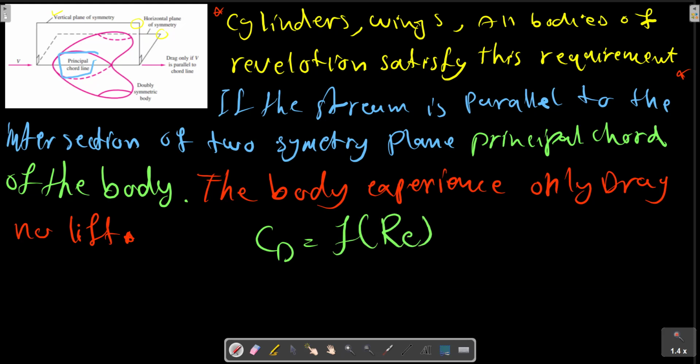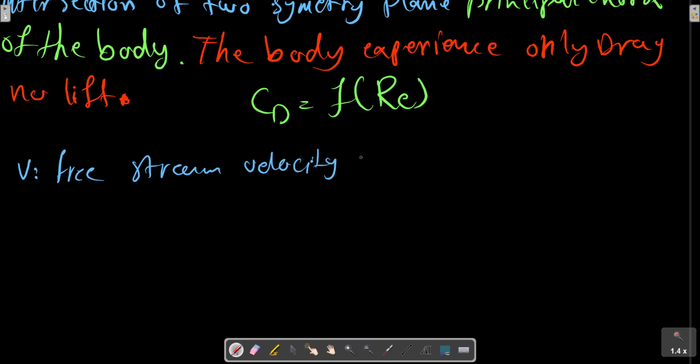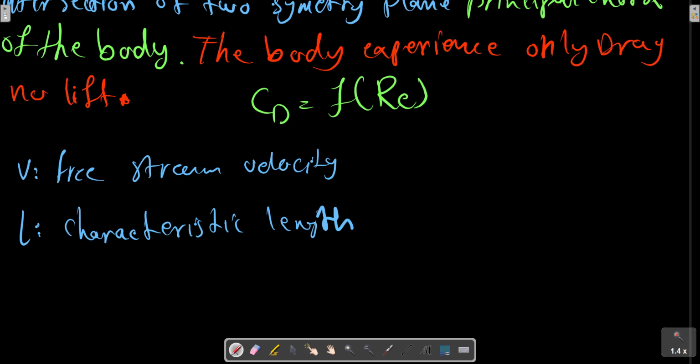In this type of problem, the Reynolds number is based upon the free stream velocity V and a characteristic length L, usually the chord or body length parallel to the stream.